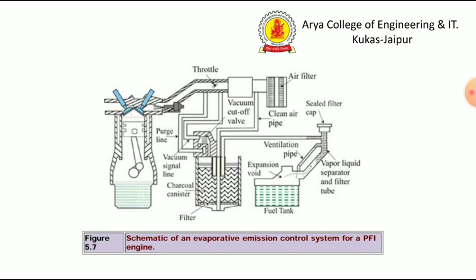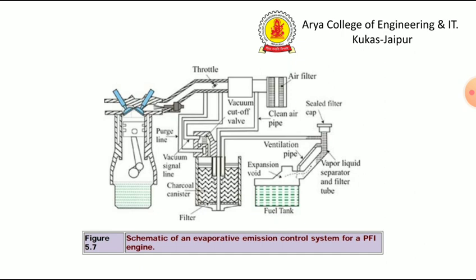A sealed fuel tank filler cap is used and a stable fuel tank pressure is maintained by the purging process of the canister. The sealed fuel tank is kept under vacuum to prevent permeation of fuel through the walls of a polymer fuel tank and leakage of fuel vapors through the filler cap.